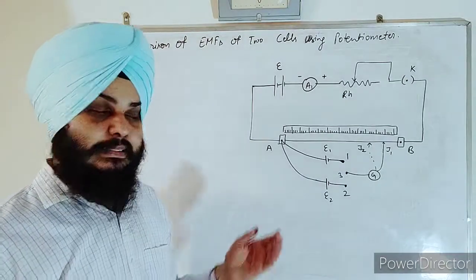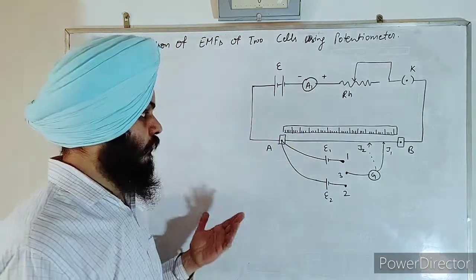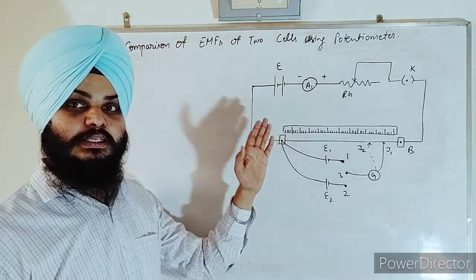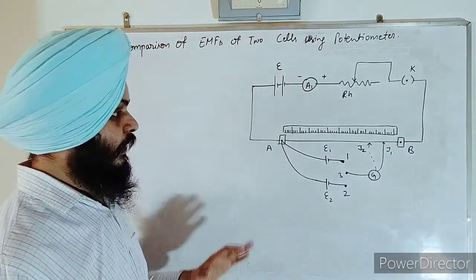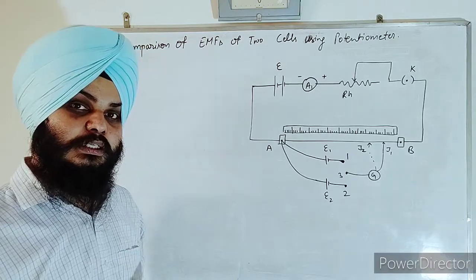So this circuit is termed as auxiliary circuit. As I have mentioned in the previous topic, this is the auxiliary circuit by which the current flows through the circuit.